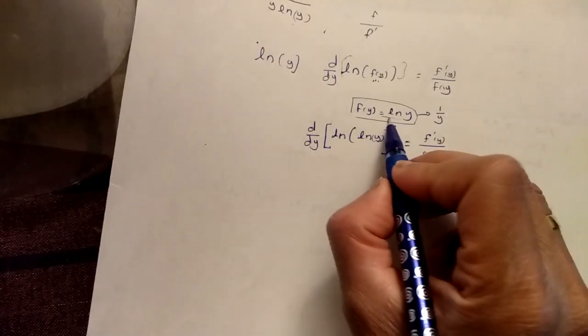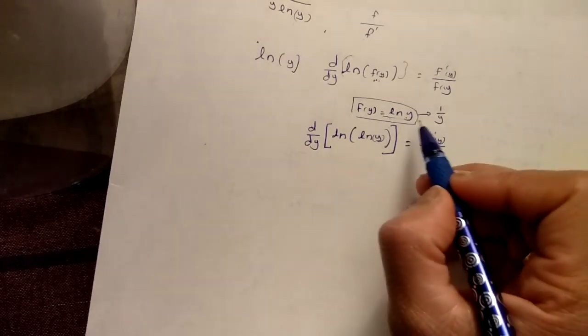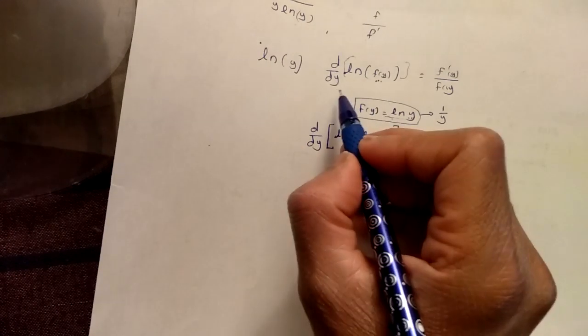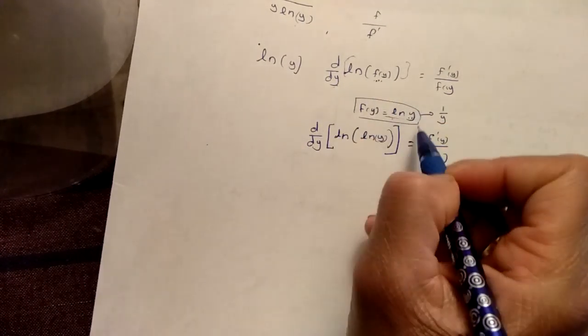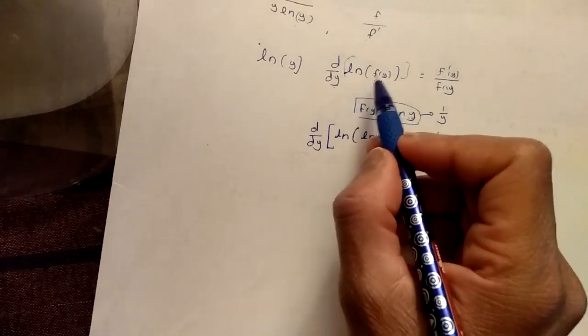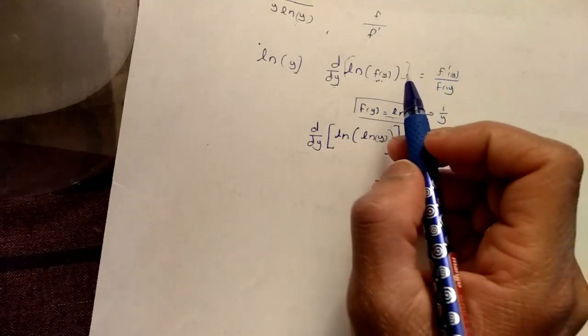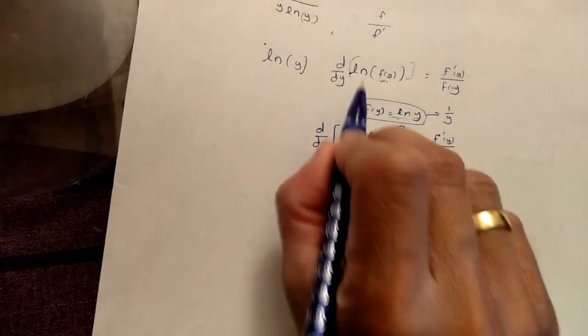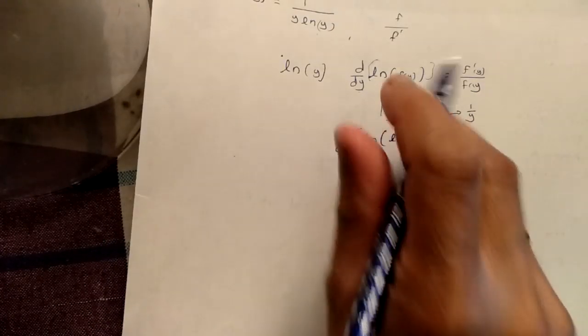The derivative of ln x is 1 over x. So whatever variable you use here, if you are differentiating with respect to the same variable, you will get the same results. Otherwise, if you have two different variables, you will have to use the chain rule. But that has nothing to do with this one, because we are differentiating with respect to the given variable.